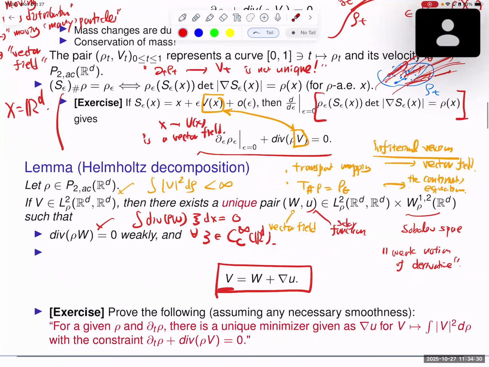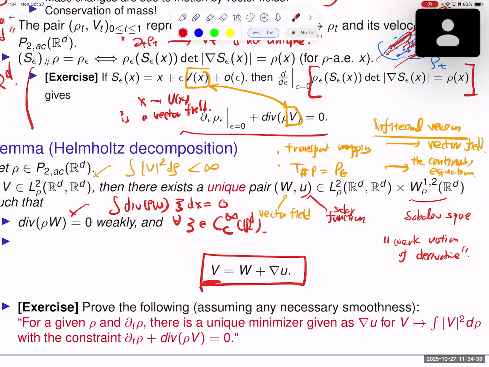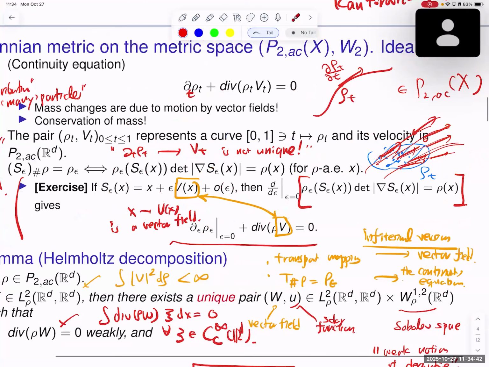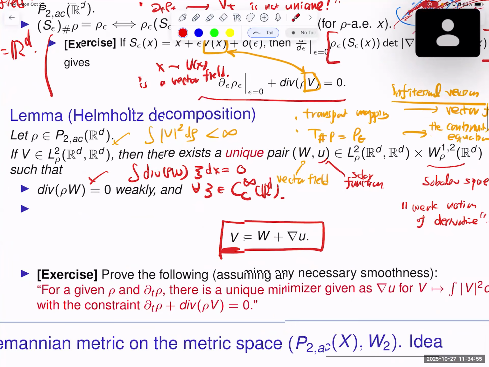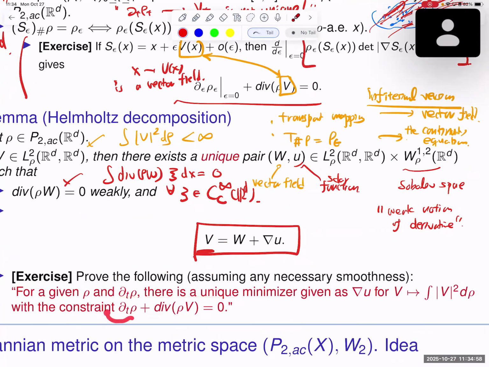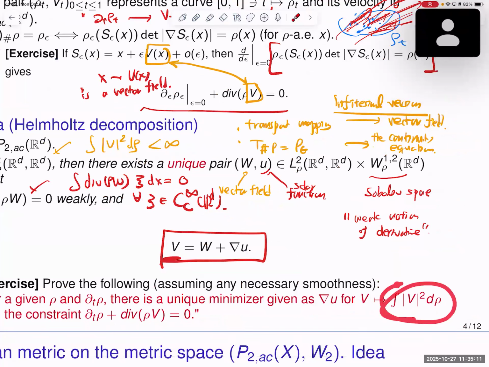Given rho and partial t rho, something corresponding to differentiating a curve in Wasserstein space with respect to time, the claim is that for the continuity equation corresponding to partial t rho, there is a unique such vector field, given as the minimizer of the L2 norm with respect to rho.